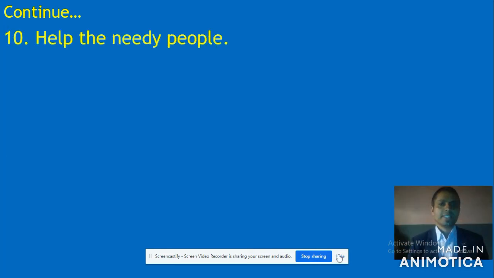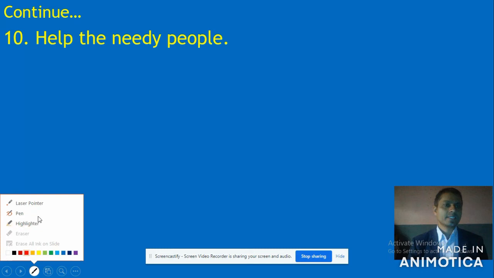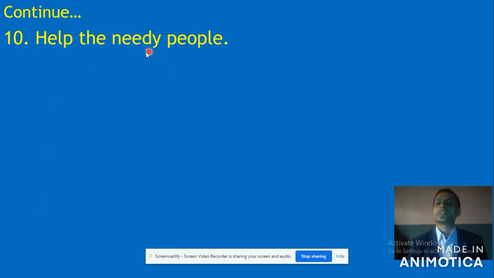Number 10, help the needy people. Look at this sentence very first. This sentence is also about your moral duty. You cannot deny it. If you deny it, you violate social norms, you break social norms, so you are supposed to fulfill such activity. Help the needy people.